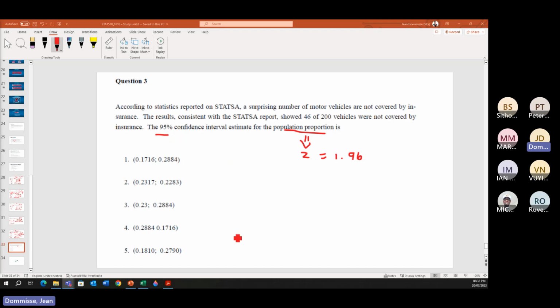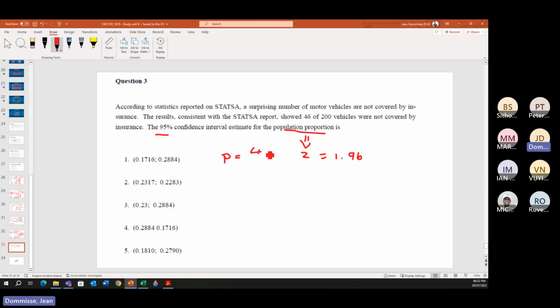Okay, so cool. The one thing that we need to work out is P. So let's look at what they give us. They tell us results showed that 46 out of 200 were not covered by insurance.